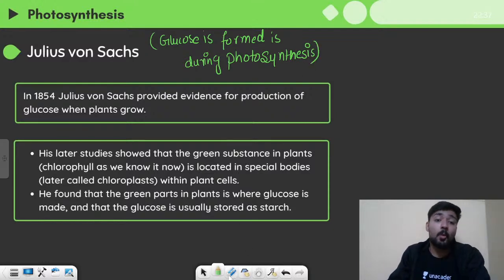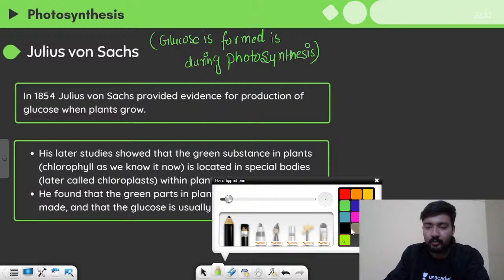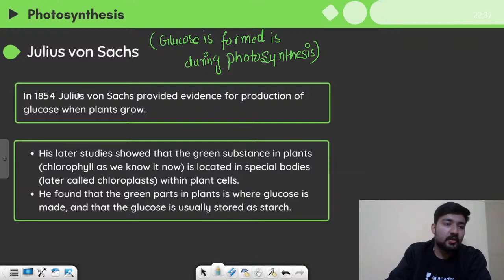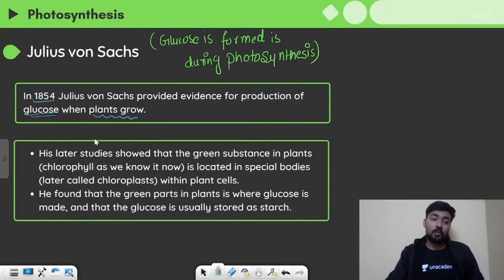So this is what he told us. How did he do that? Let's see. In 1854, Julius Sachs provided evidence for the production of glucose when the plants grow. So when the plants are growing, they make glucose.